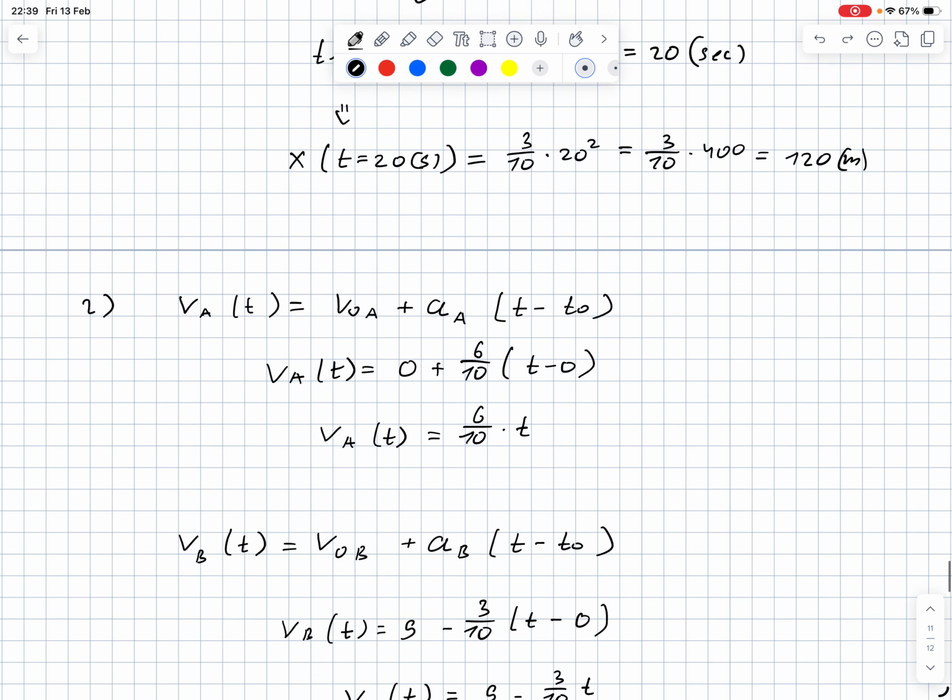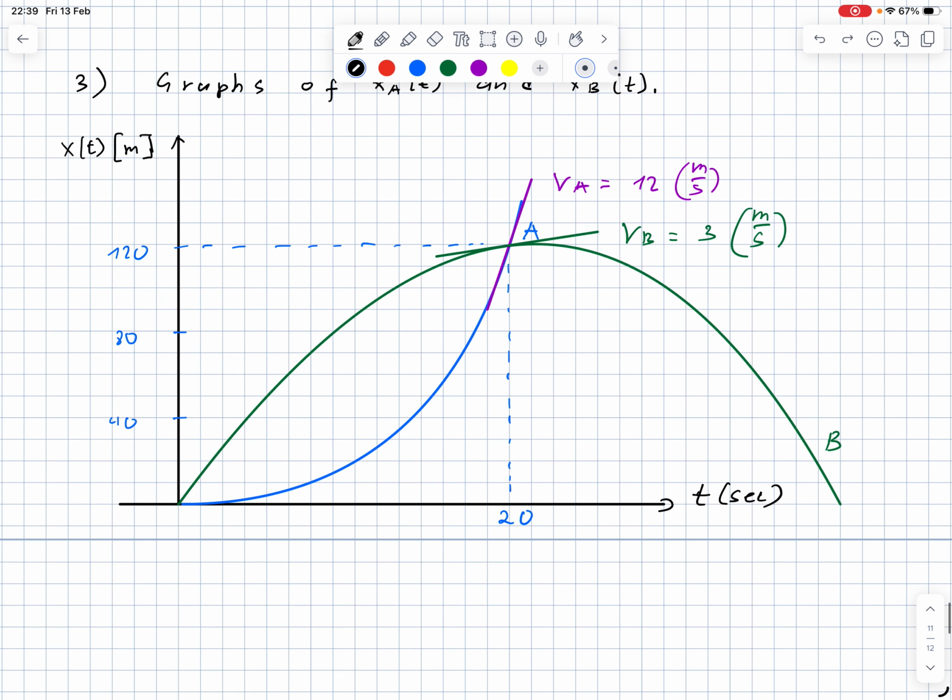The initial velocity of A is 0, and if you remember, the tangent of the parabola at time t0 is the instantaneous velocity of object A, which is 0 meters per second.